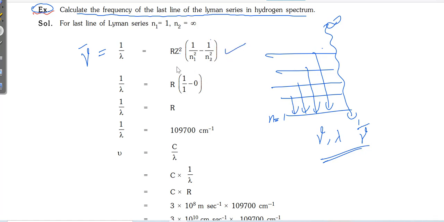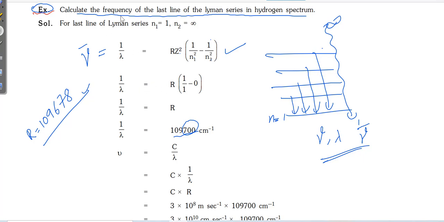Here R is the Rydberg constant. The Rydberg constant value we discussed last time, that is 1, 10, 9, 9, reverse it, 6, then 7, then 8. Okay, you can also approximate 678 as 700. You will get almost the same value, but this is the correct value. Next, just you apply the formula.